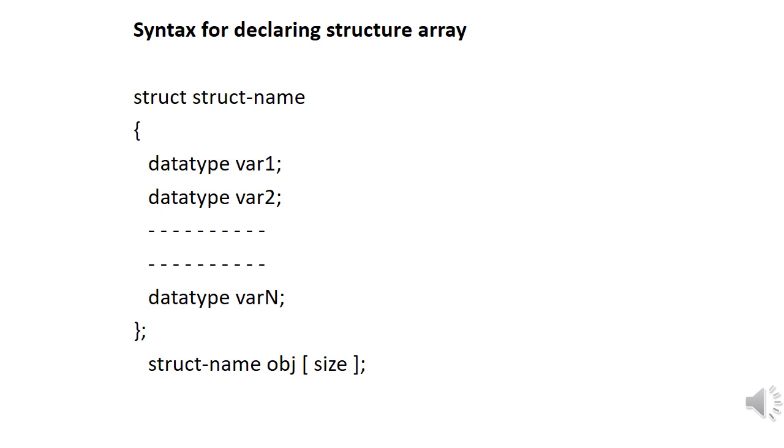So here you can see that the structure variable or object is created as an array. Whatever the size is, we can store that number of records using this structure variable or object.